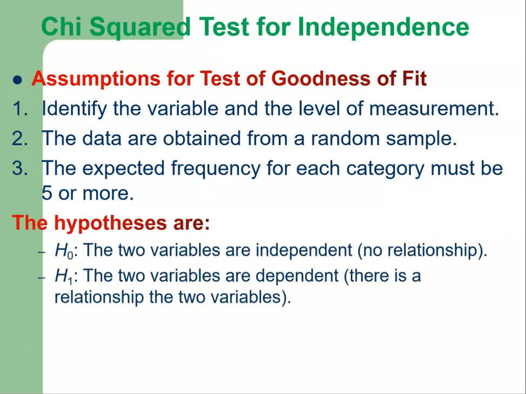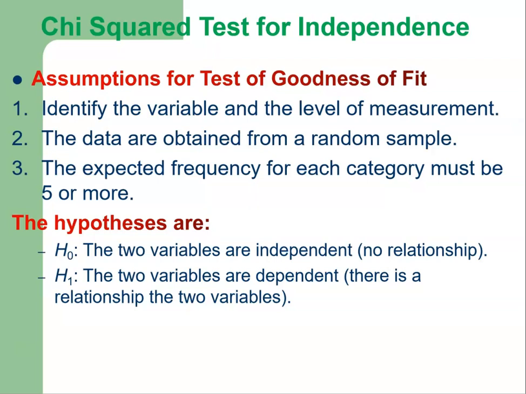And there are two relevant hypotheses. H0 is the null hypothesis, and it states that the two categorical variables are independent, or in other words we can say there is no relationship between the two categorical variables.